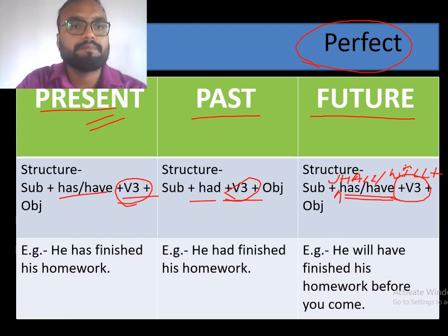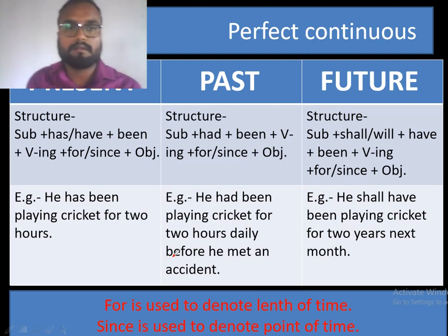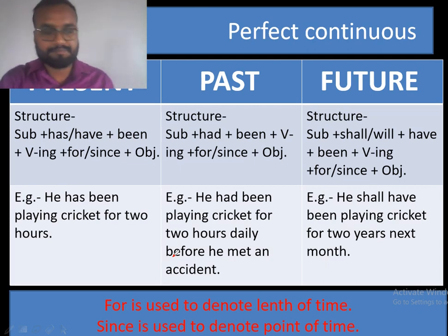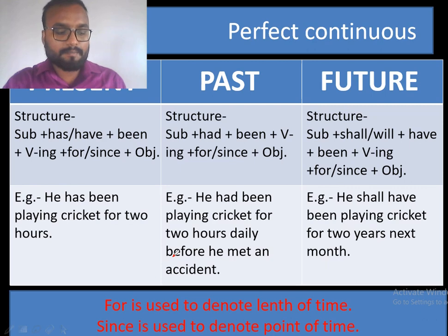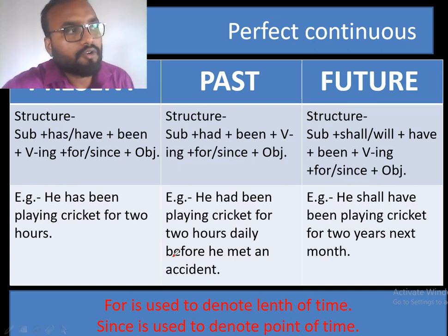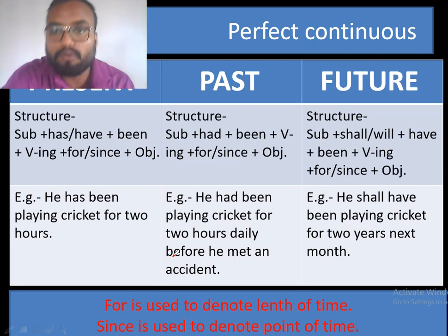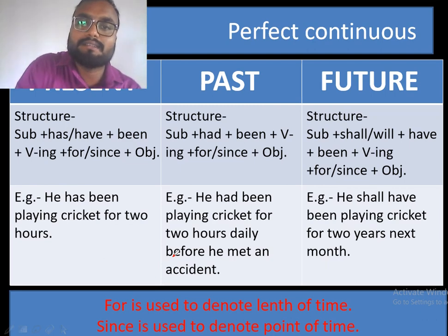Moving to the next type, that is perfect continuous. Now what is it? I told you that the continuous tense does not give us information about for how long that action is in progress.